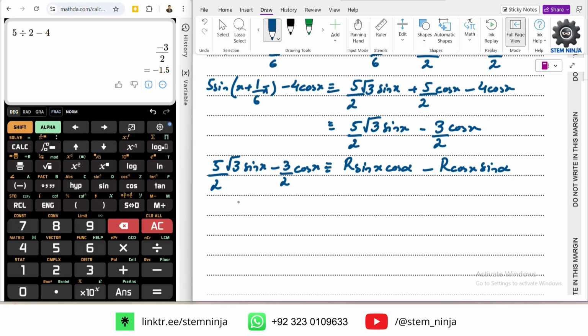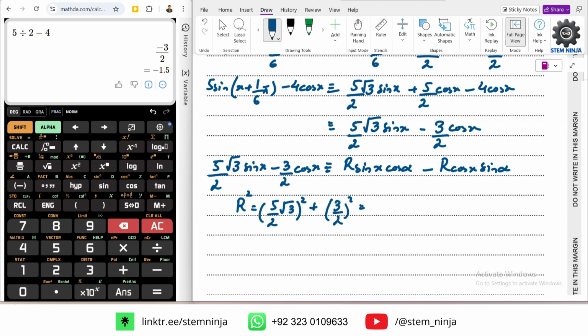So r is just simply the sum of squares and square root of that. So 5 over 2 root 3 squared plus 3 by 2 squared.